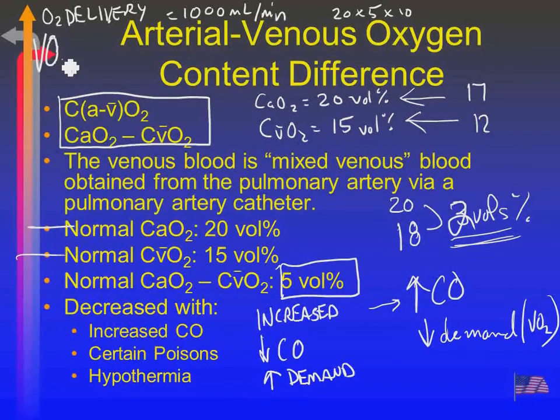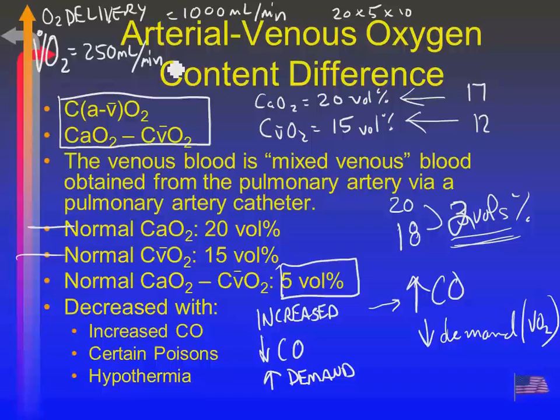This value, oxygen consumption, is about 250 milliliters per minute. How much we actually use is 250 milliliters per minute. Unless you're one of those stupid people who get on a treadmill and then you're going to use more oxygen.